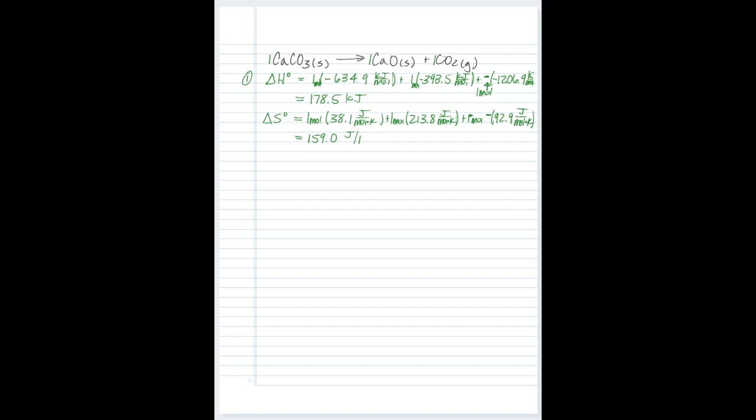My goal is to calculate delta G under standard conditions, and we know that delta G equals delta H minus T delta S. So we've calculated our delta H using enthalpies of formation, and we've calculated our delta S using molar entropies, and we know the temperature because we're told to calculate this under standard conditions, which is 25 degrees Celsius.